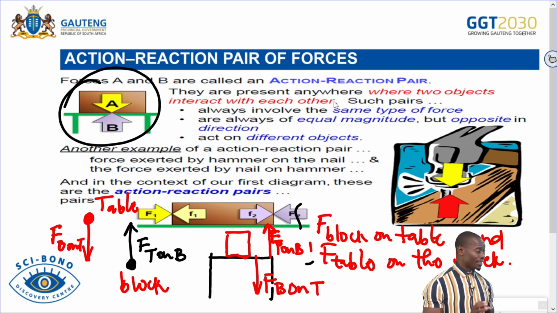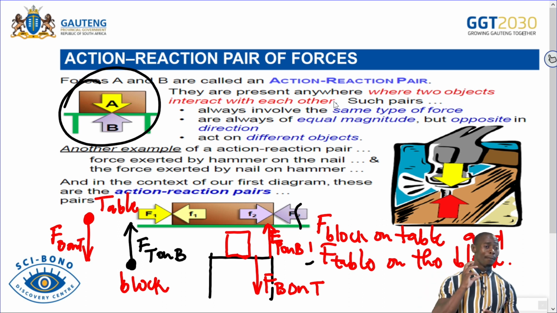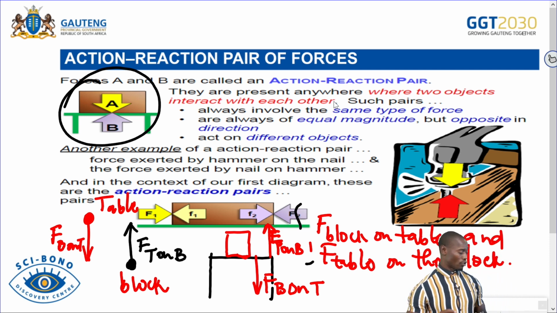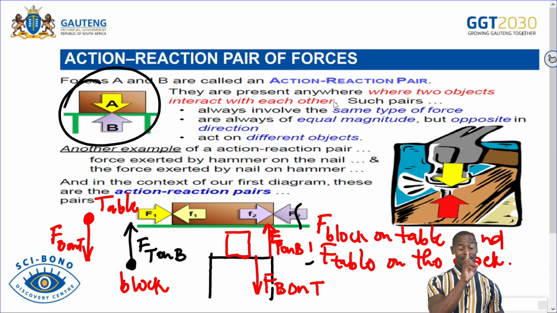For example, here we made an example with the block and the table. There's a force exerted by the table on the block, which is equal to the force exerted by the block on the table. Again, although they're equal in magnitude and acting in opposite directions, they're not acting on the same object. The focus here was only two objects: object A, the block, and object B, the table.